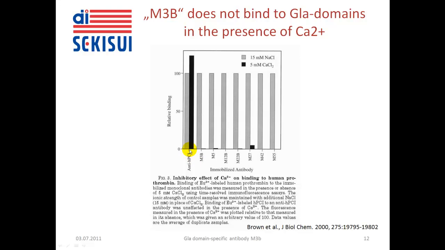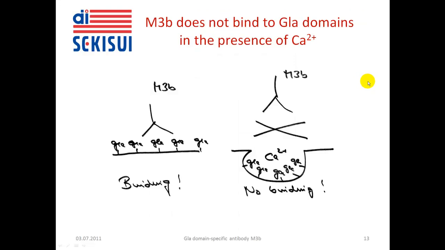Here a control reactivity of a control antibody. Taken together, M3b does not bind to Gla-domains in the presence of calcium. Schematic description here. If there is no calcium present, there is no conformational folding of the protein. M3b does react.